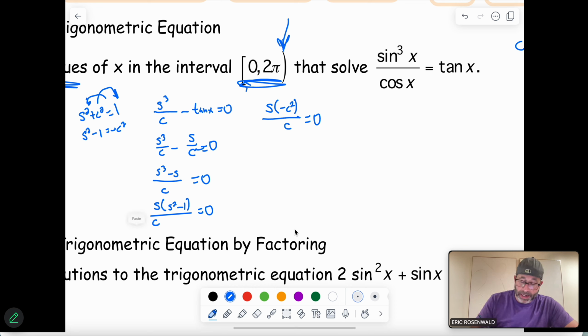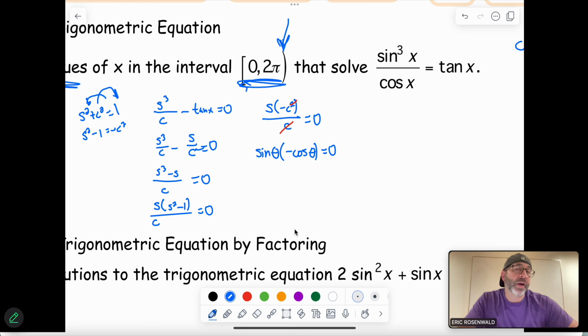I can go ahead and get rid of one of my cosine values here, and what we're left with is a negative sine of cosine of, I'm sorry, I left out the thetas there, I apologize. So we end up with sine theta times negative cosine theta, and it's going to equal 0.